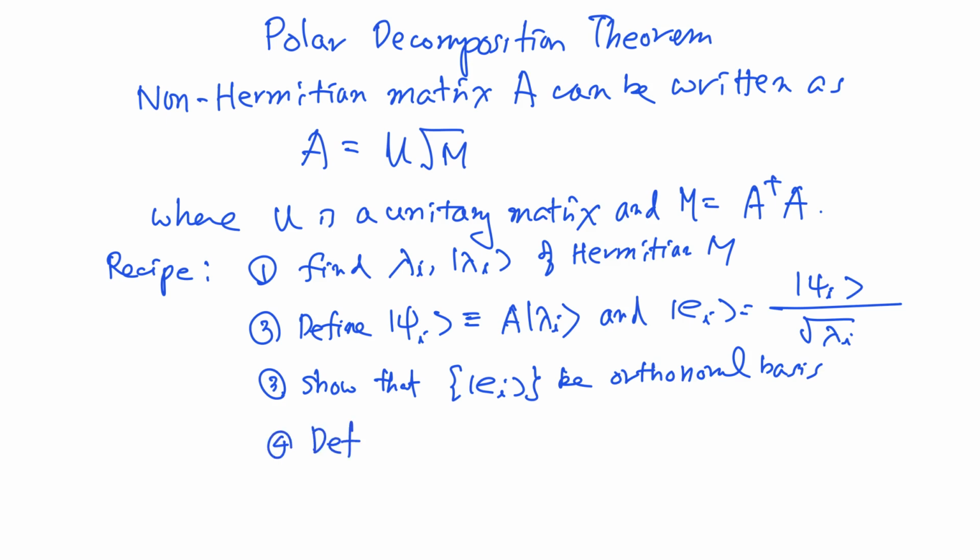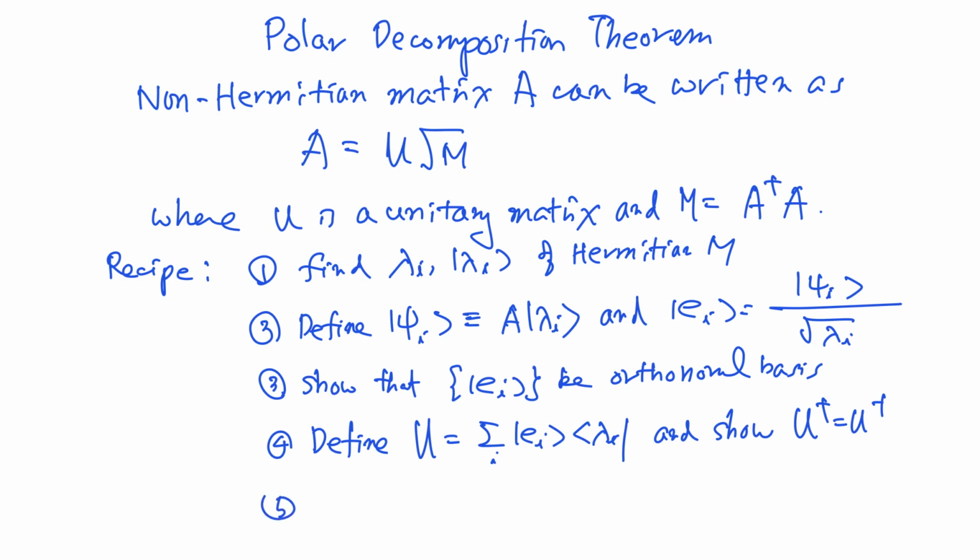Define the unitary U as the sum of the e i, and show U dagger is U inverse. And then finally check that U times the square root of M on the eigenvector lambda k gives A on lambda k.